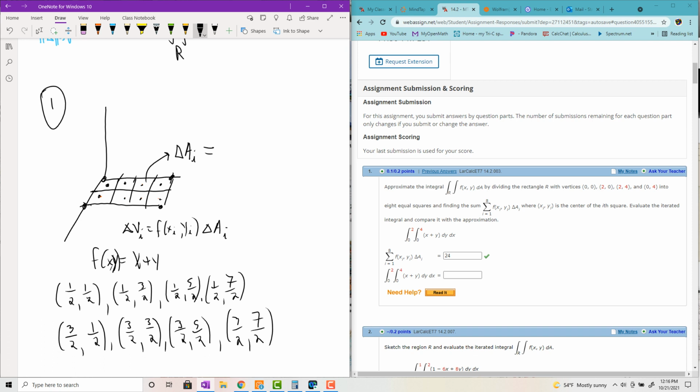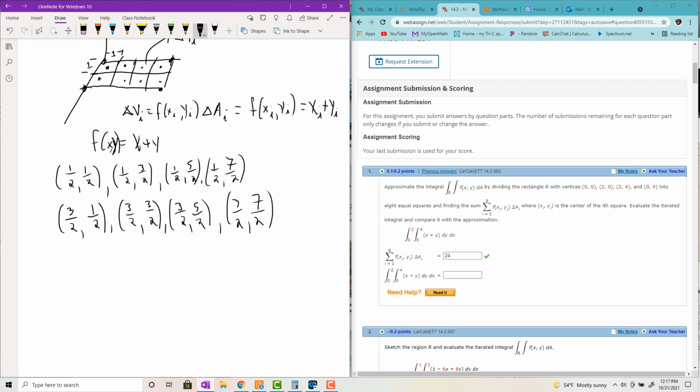The area will just be length times width, and of course this length here is just 1, and then the width on the y-axis is also just 1. So it looks like the area is just going to be 1 times 1, in other words 1. So to figure out the volume for any particular rectangle, all I have to do is figure out f of x sub i comma y sub i. And for us in this particular example, that will just be adding the x and y coordinates together.